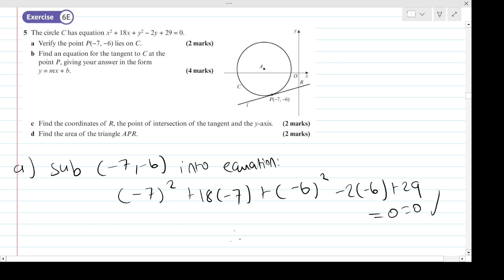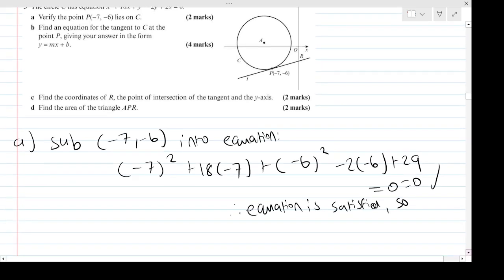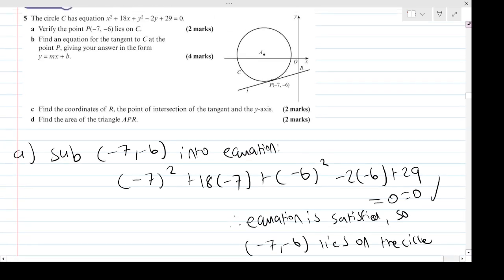So therefore the equation is satisfied, which means that the point (-7, -6) lies on the circle. Cool. Okay, so then part B. That was fairly easy enough.